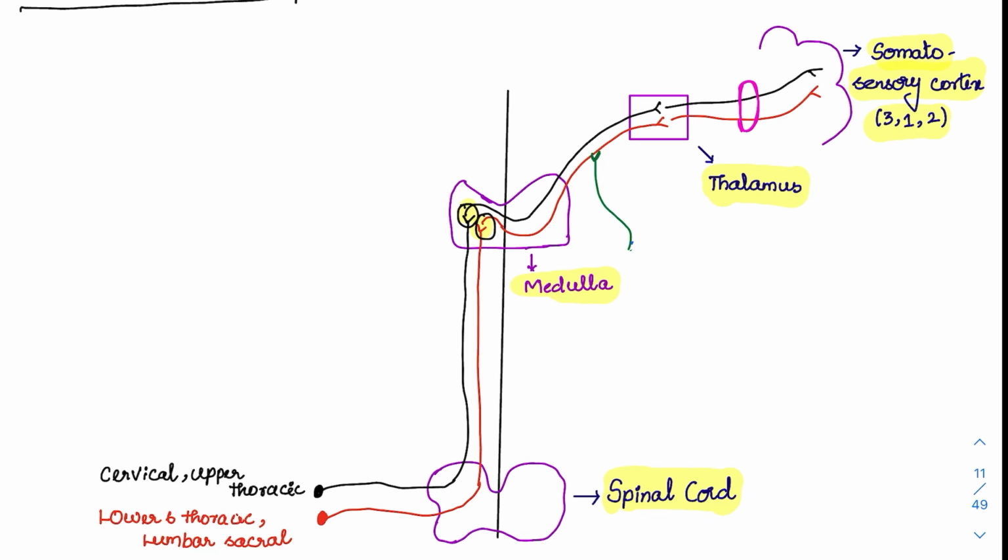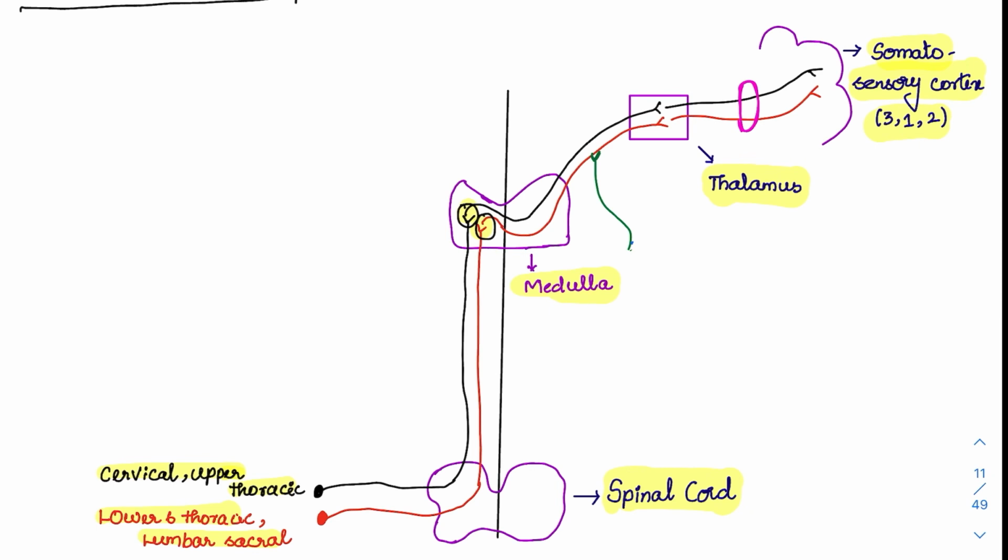In the dorsal column itself, there are two major divisions: the lower six thoracic, lumbar, and sacral fibers, which carry the lower limb sensations through one specific tract, and the cervical and upper thoracic fibers, which are carried through another specific tract. We have to remember this because the dorsal column has high spatial orientation, and the fibers are carried in order of neurons.